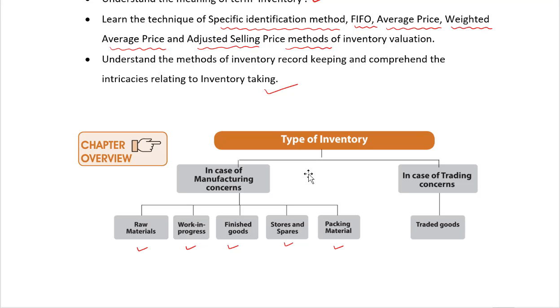So these 5 types of inventories are present in case of manufacturing concerns. In case of trading concerns, we have traded goods, that is finished goods. I believe you understood. Let us move ahead.